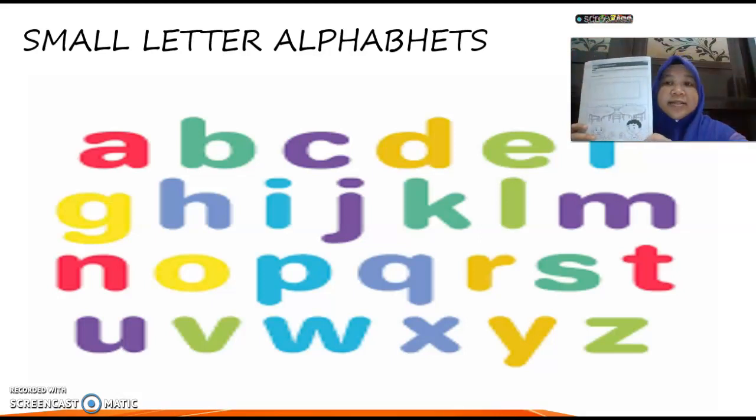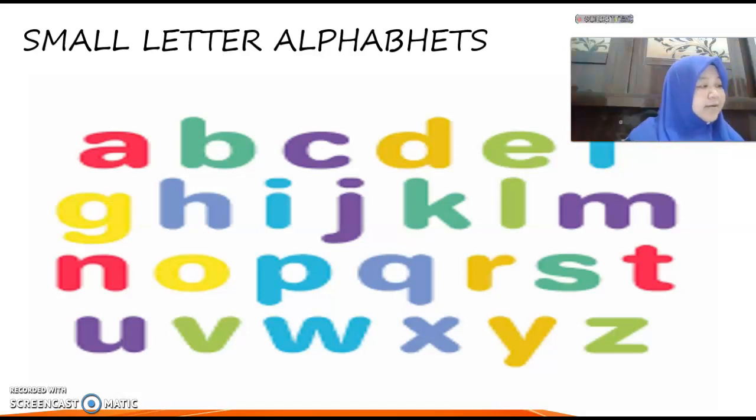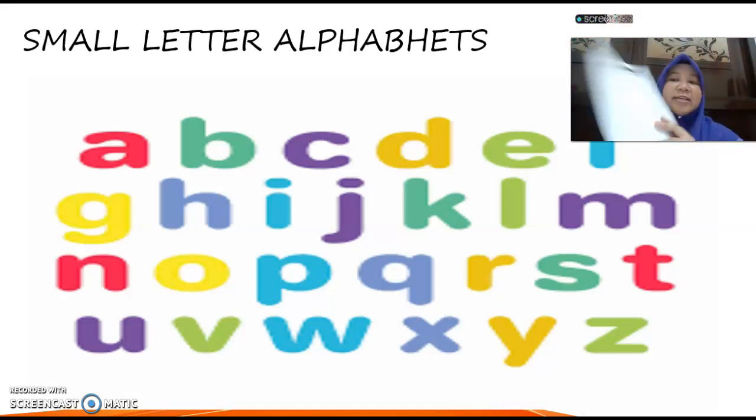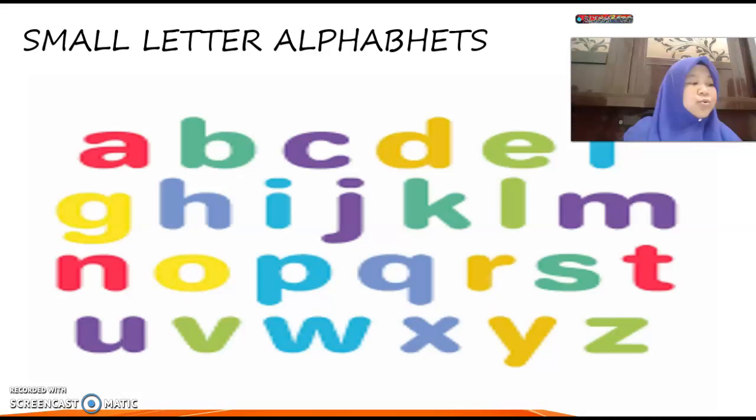You just trace the letters there. It shows you a big letter alphabet when you trace the alphabet.